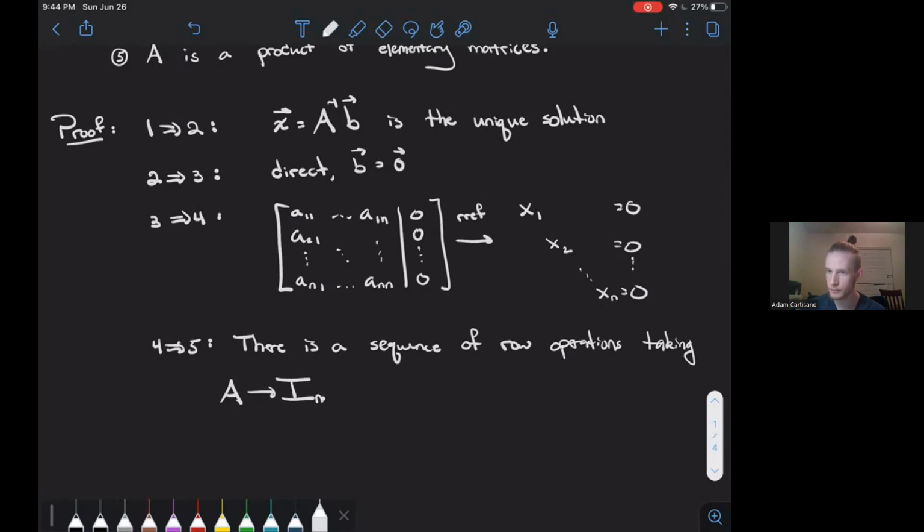Each row operation corresponds to an elementary matrix, left multiplication by an elementary matrix.